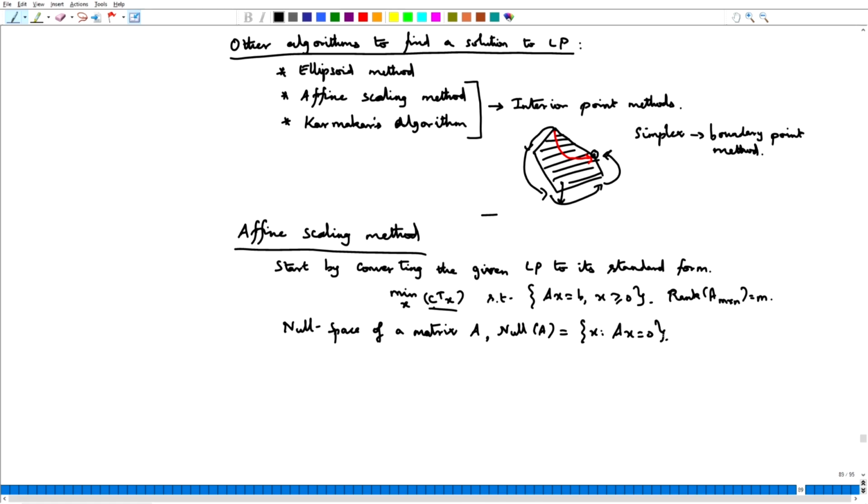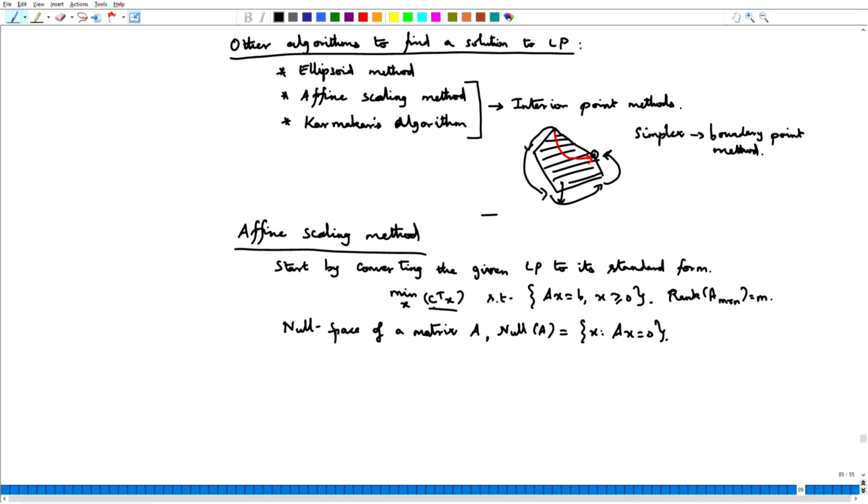Okay. So, as simple as that. Okay. So, what I am claiming is that minus C is a vector, right. You have to project that onto the null space of A. So, why null space of A after all?